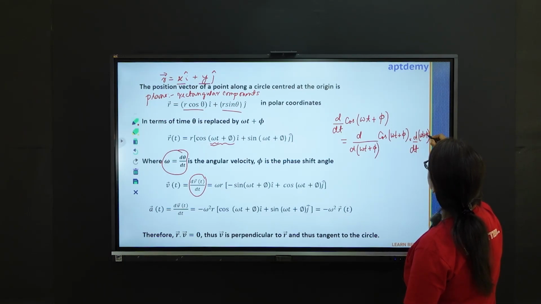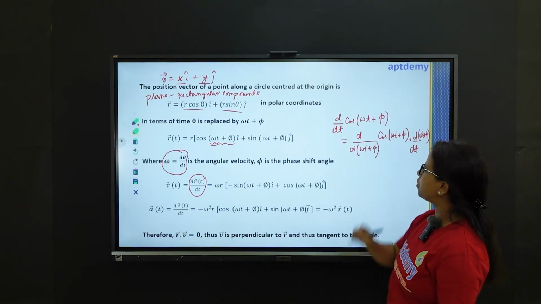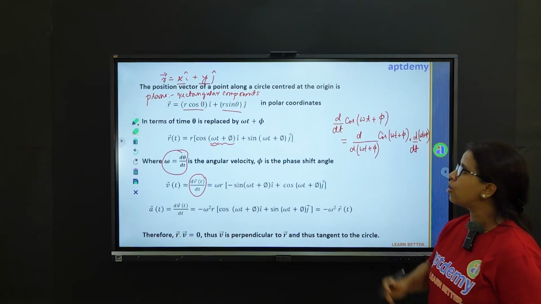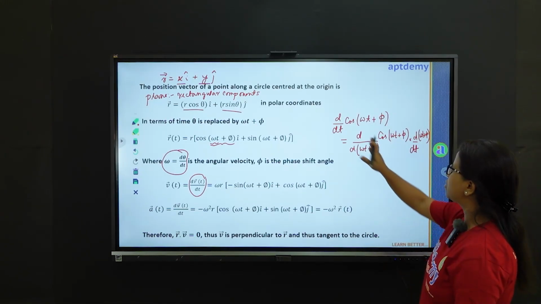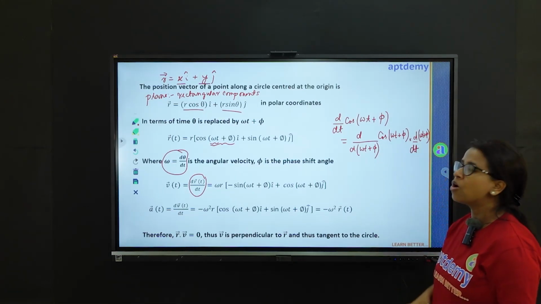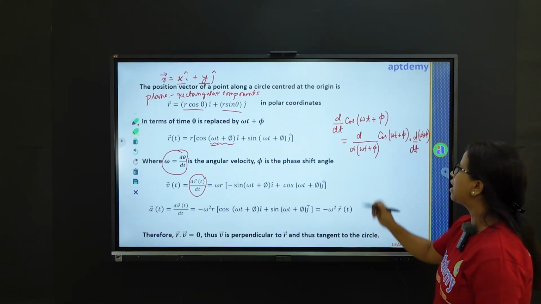So just look at this. This is just like the previous one. Only thing is that we have made the variables similar. The d by dx of cos x is nothing but minus sin x.